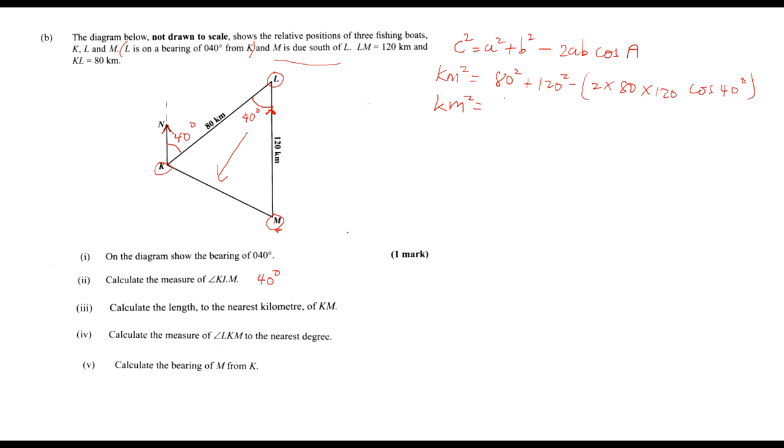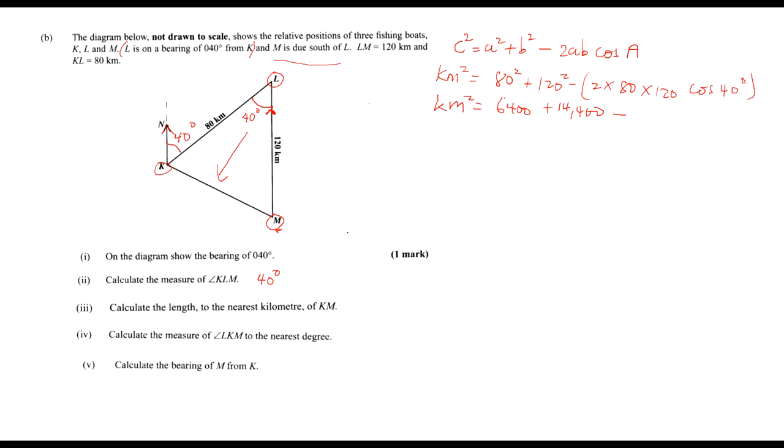So therefore KM squared is equal to, at this point what you should do is work out the individual terms. So 80 squared gives me 6,400. So this is 6,400 plus 120 squared. This gives me 14,400. 14,400 minus, and we should work out the entire bracket, right?